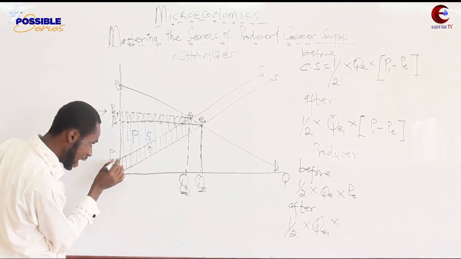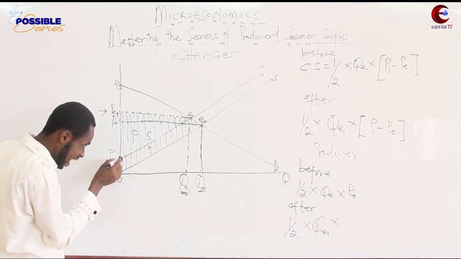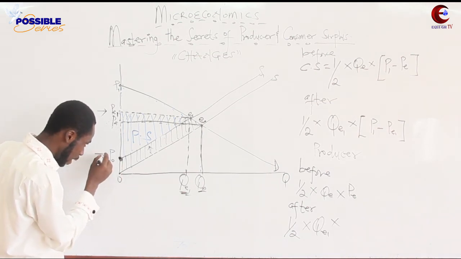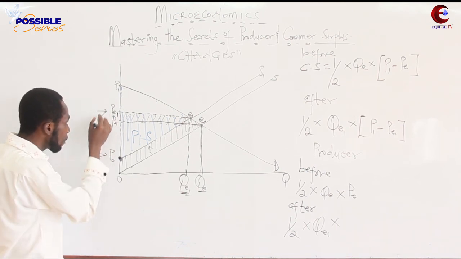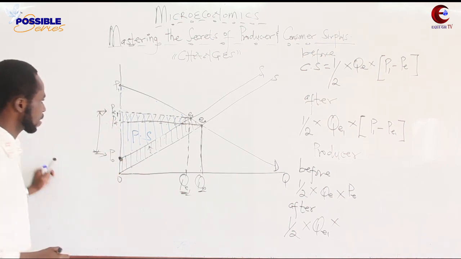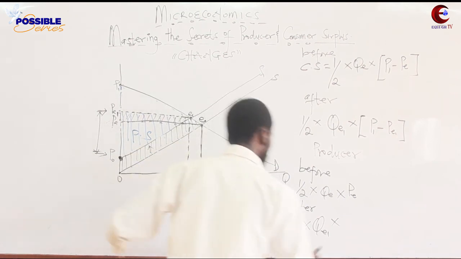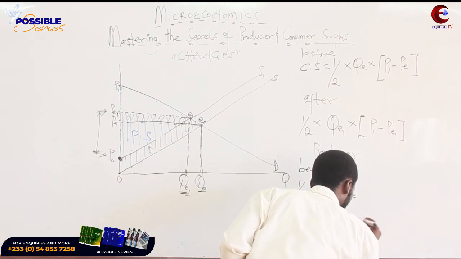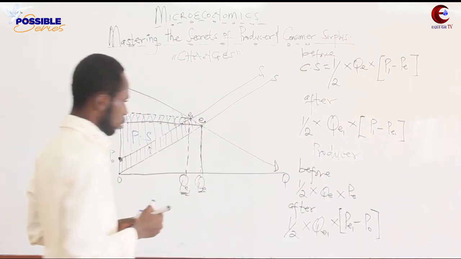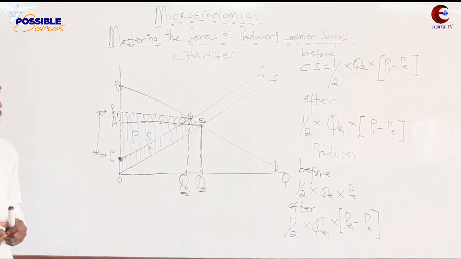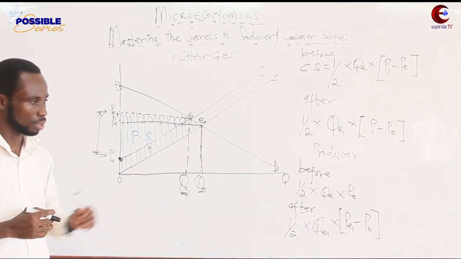The price starts from here. It doesn't start from here anymore. It starts from here, this one, and ends here. So the price is going to be PE1 minus P0. That is what we are going to get. Look at it carefully. I'm giving you 10 seconds. Look at them carefully.